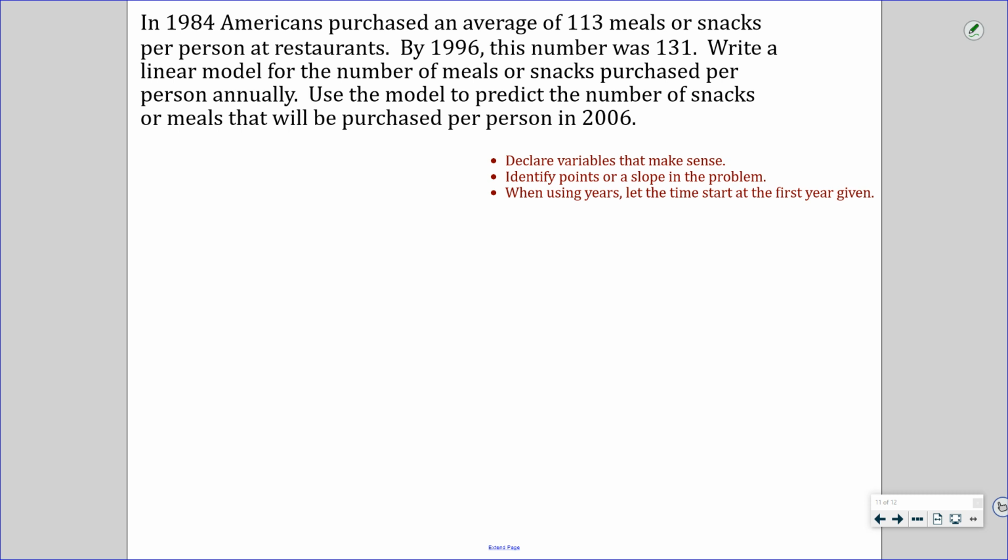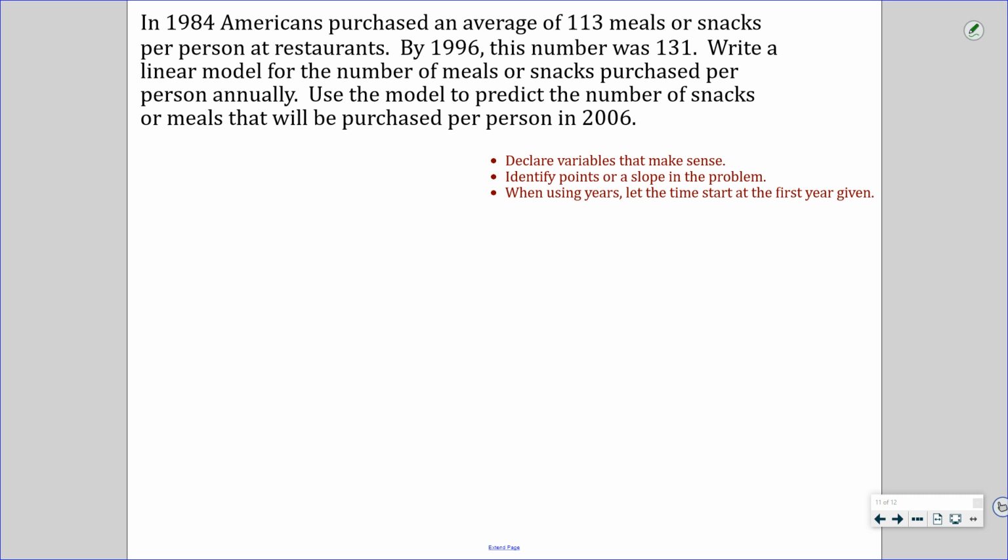You're an American, purchased an average of 113 meals or snacks per person at restaurants. This is way back in 1984. Way before your time, and my time too. All right, so in the year 1984, Americans purchased an average of 113 meals or snacks per person at restaurants.